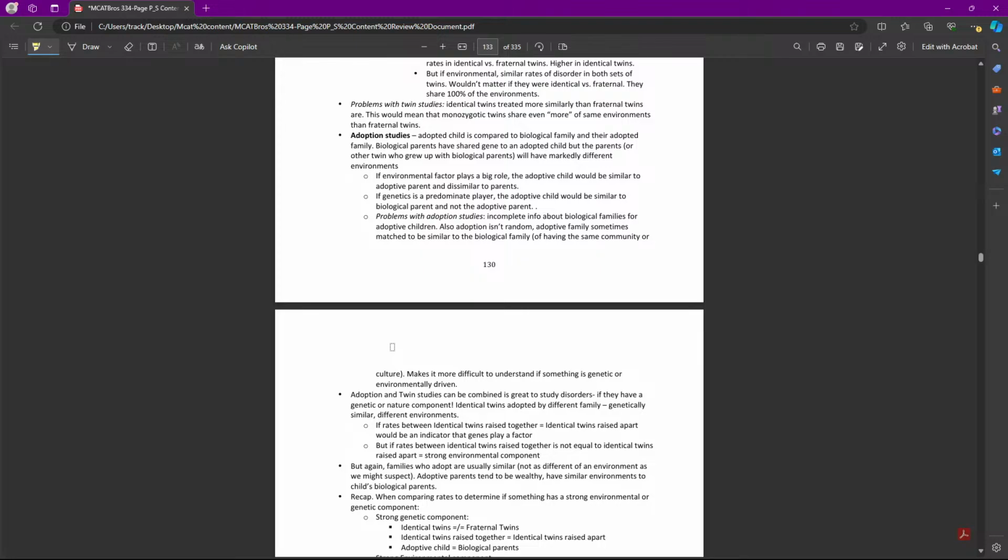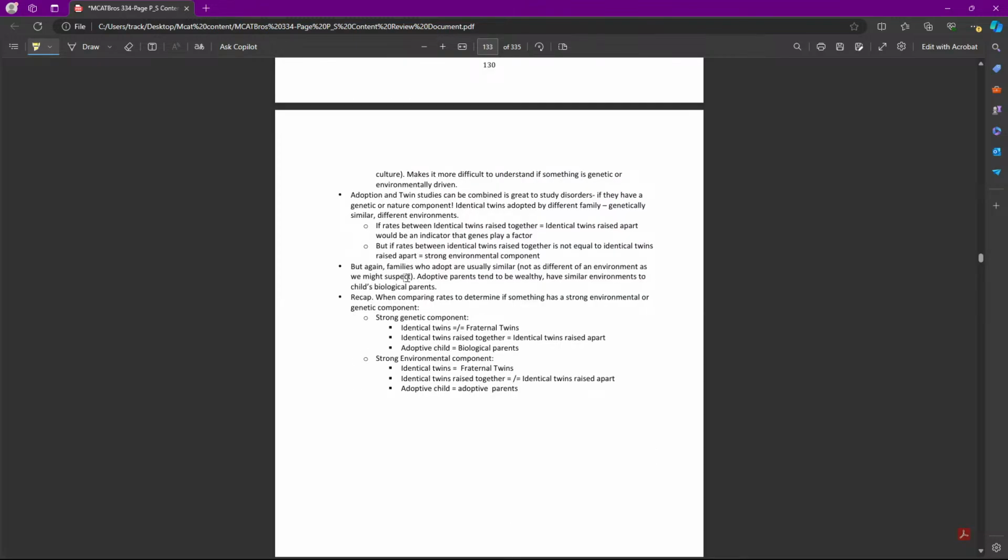The problem with adoption studies is that we don't have much information on the biological parents, which makes it more difficult to understand whether something is genetically or environmentally driven. Adoption and twin studies can be combined to better study disorders, which I learned a lot about in abnormal psychology. But again, families who adopt are usually similar.